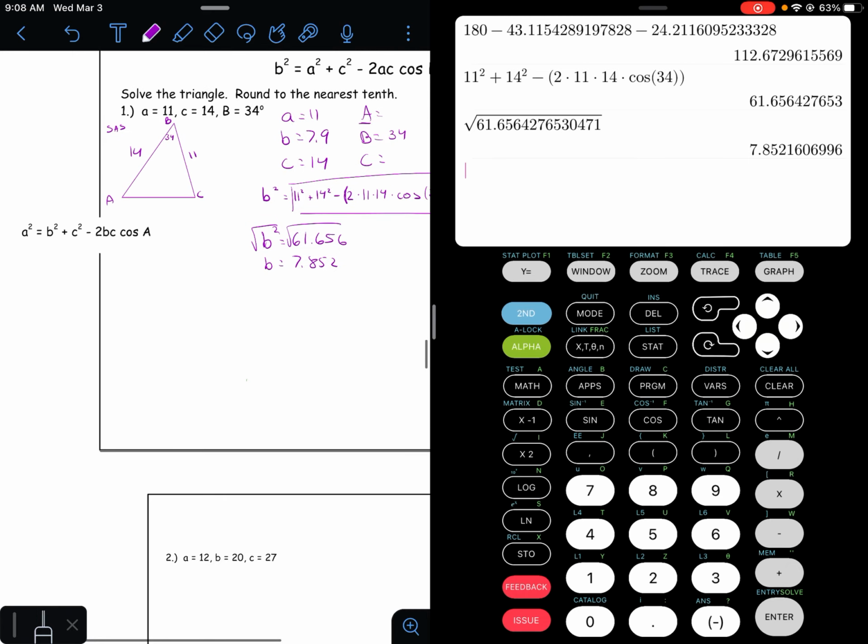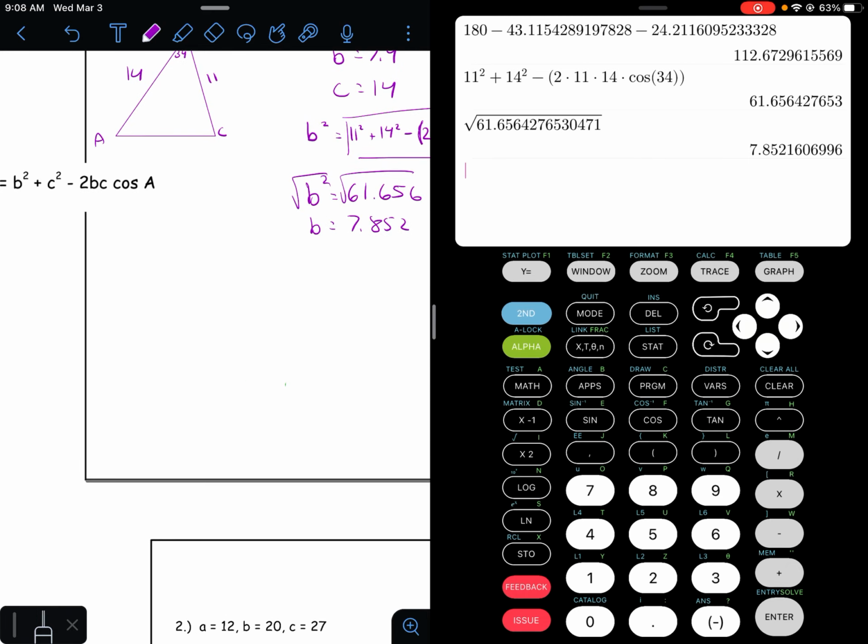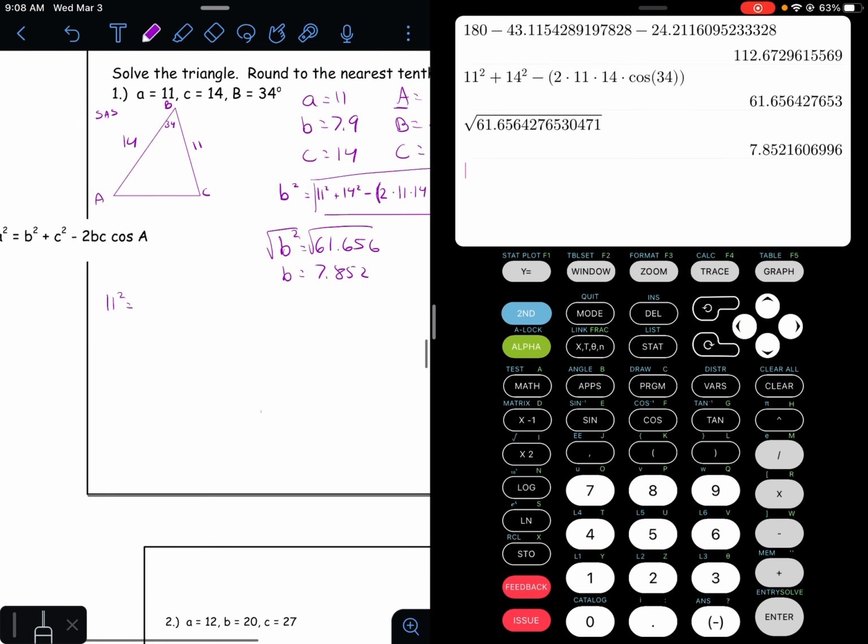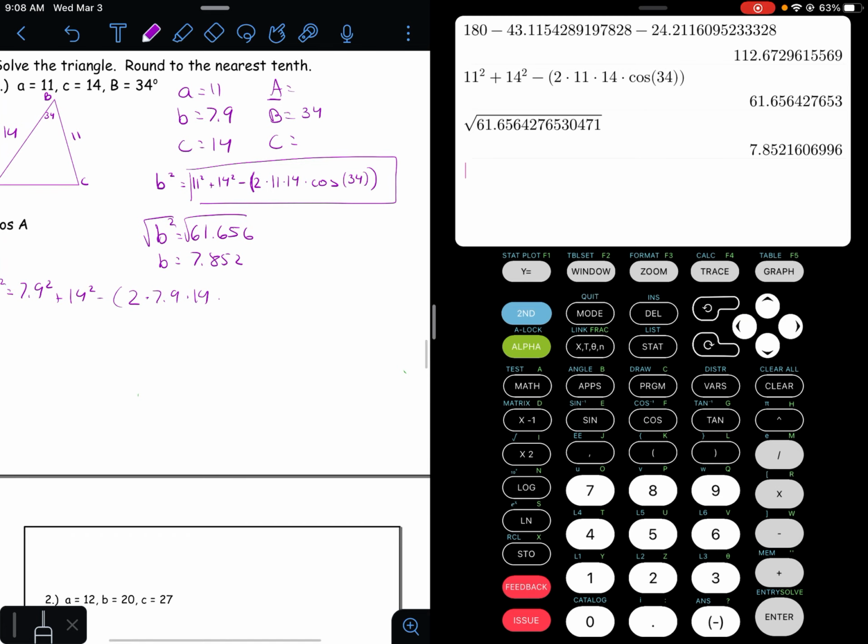We know that a squared, which is 11 squared, equals b squared, which is 7.9 squared, plus c squared, which is 14 squared, minus 2 times our b, which is 7.9, times our c, which is 14, times cosine of A.